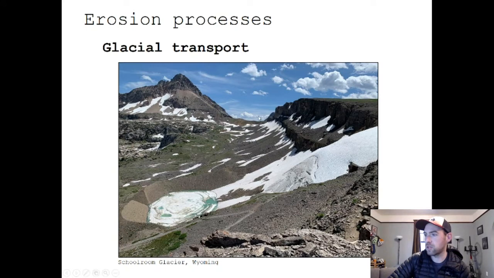So in this case, here's an example of the same image from before of Schoolroom Glacier, where the abrasion is going on right here, and this material is then transported and piled up onto a moraine here at the foot of this glacier, right? And so glaciers can be very, very effective as both agents of weathering and erosion.